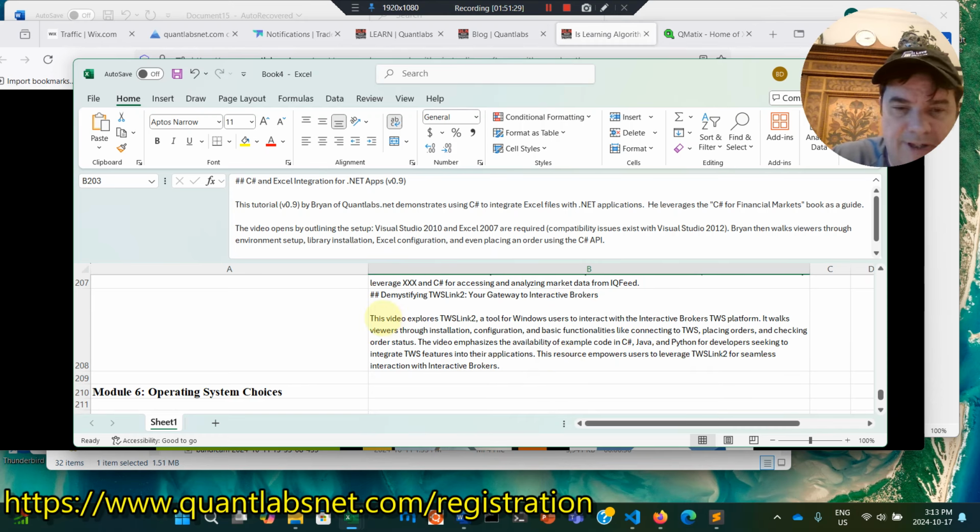I've talked about this piece of software here, TWS Link 2, a convenient programming gateway to Interactive Brokers. Unfortunately, it no longer exists. It enables you to interact with the TWS platform, walks through the installation, configuration, and basic functionalities like connecting to TWS, Trader Workstation, placing orders, and checking order status.